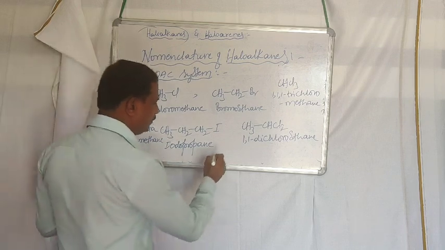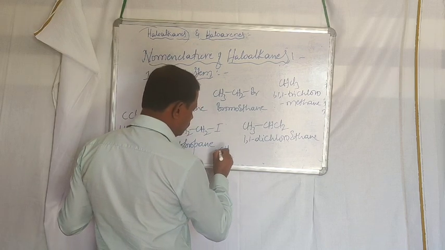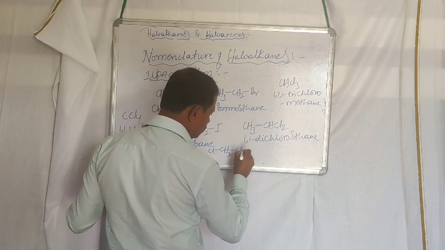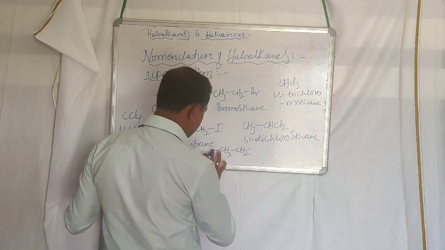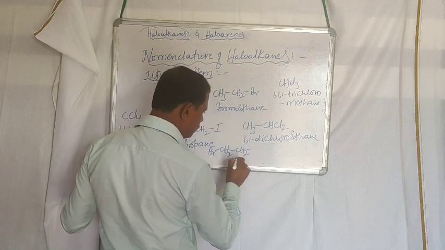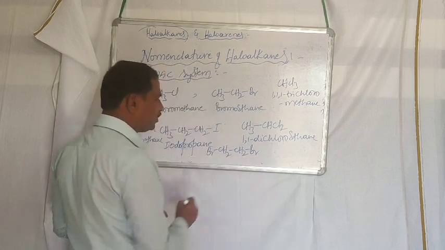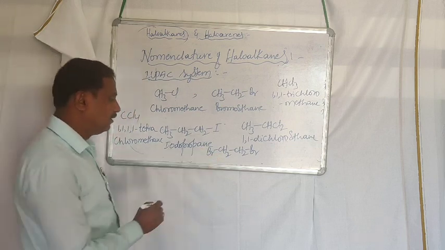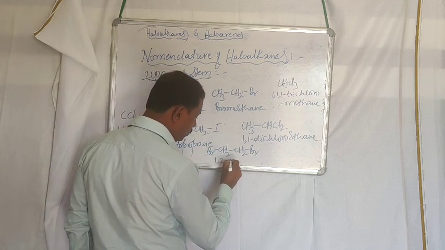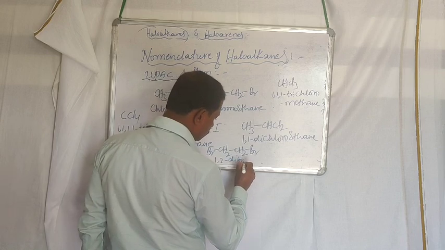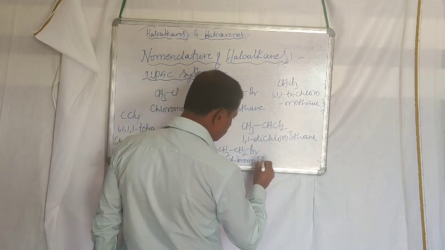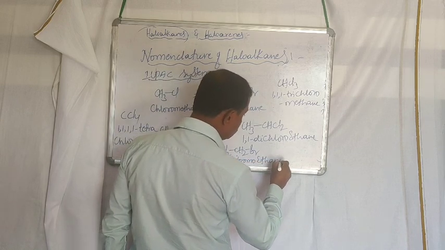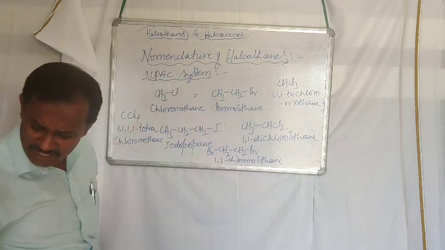You take another example, with bromine, 1,2-dibromoethane. There are many examples.